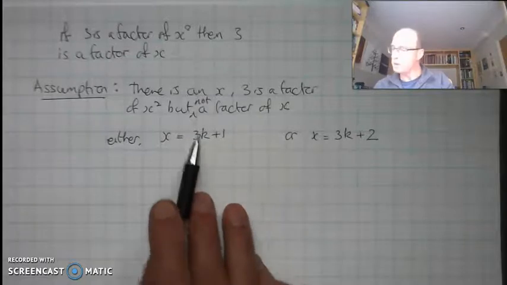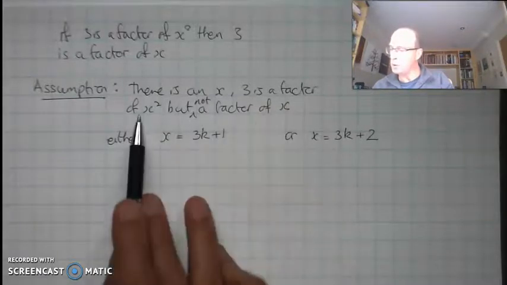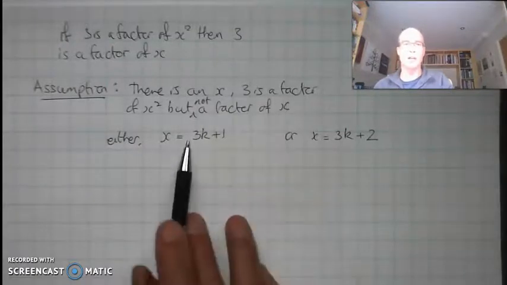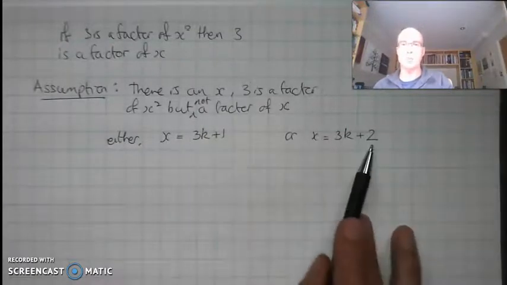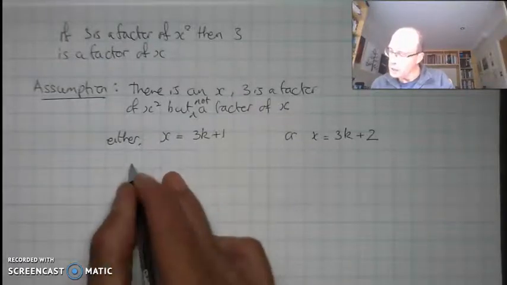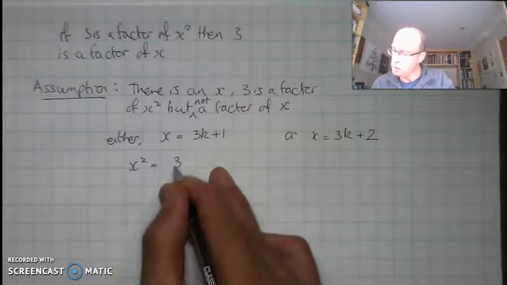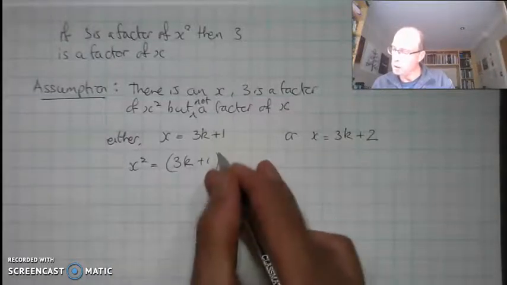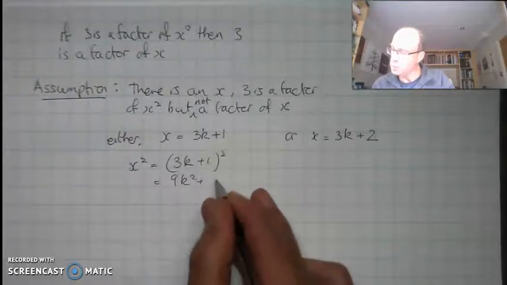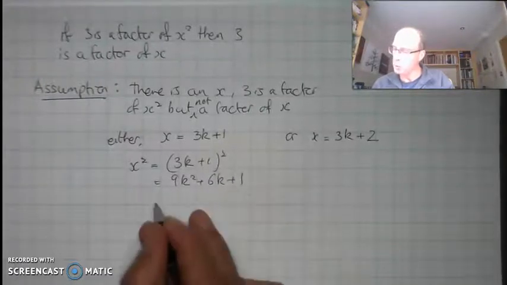So what I'm going to do is, I've got my assumption that 3 is a factor of x squared, but it's not a factor of x, and I'm going to try and contradict that. So I'm going to consider those two possible options. The first one, x is equal to 3k plus 1. So x squared would be equal to (3k plus 1) all squared. Well, that's going to equal 9k squared plus 6k plus 1.